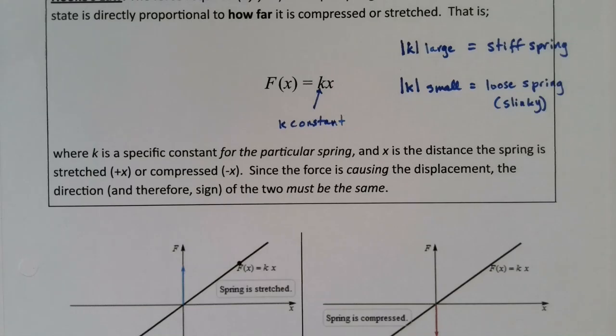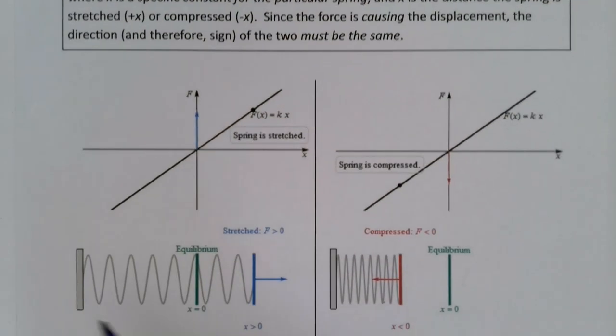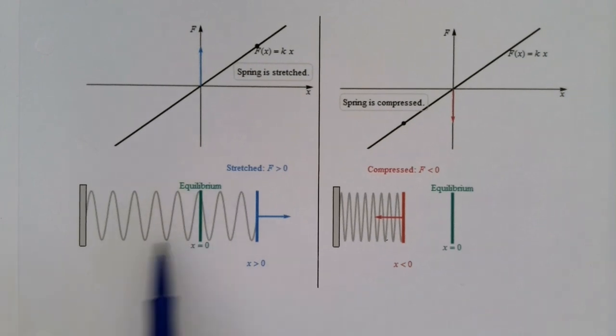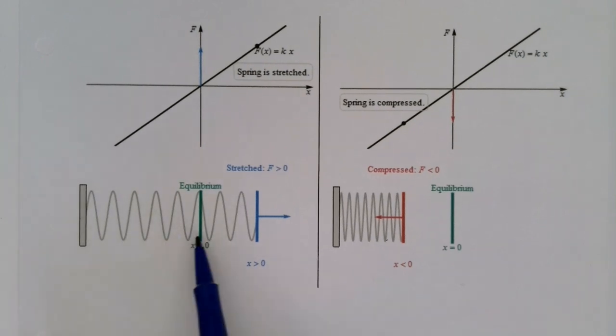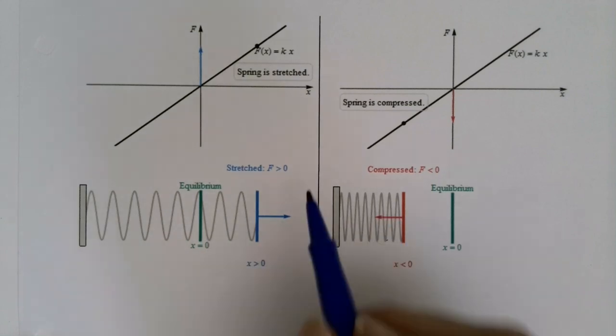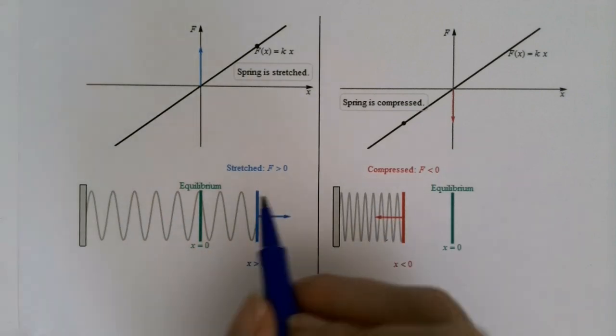All right, so let's look here. Your spring has an equilibrium state. If you just let the slinky sit there, it has an equilibrium. Now, if you stretch it out, if you pull it out, then you're applying a force that's positive.